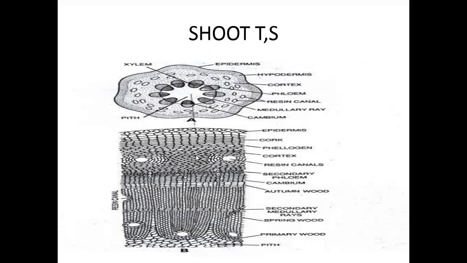The outer cortex presses on the epidermis, and the epidermis is broken. Then some cells from the outer cortex act as epidermis. These epidermal tissues are called cork tissues or phellogen tissues. They are the protective layer during the secondary growth of the Pinus shoot.